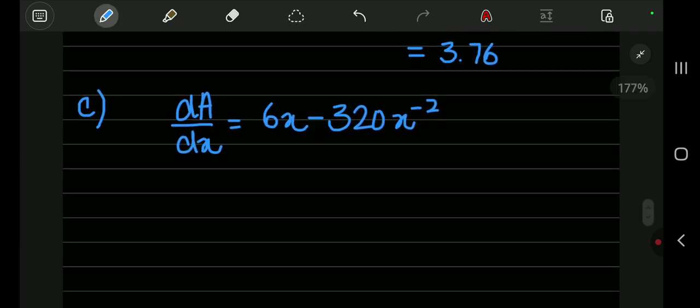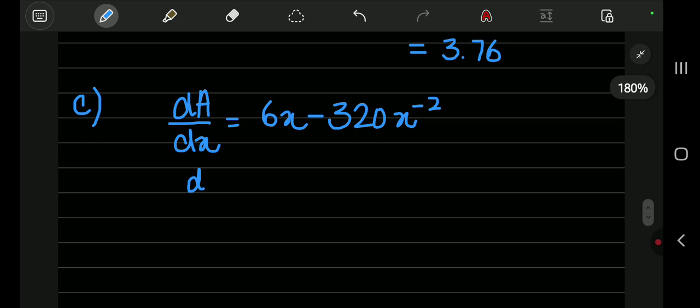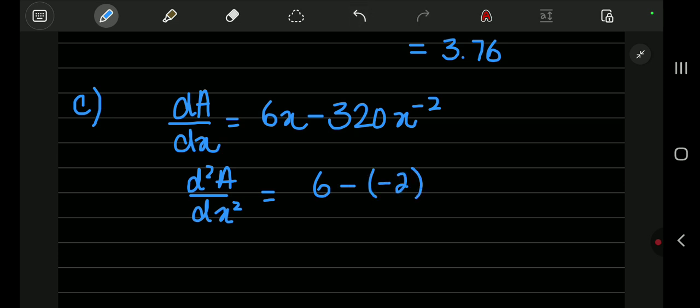Now if you find the second derivative, it would be d square A over dx square. It will be 6 minus, so it will become a plus 2 times 320. Okay, just write it down in the same way. 6 minus 2 times 320 x to the power minus 3, nx to the n minus 1.